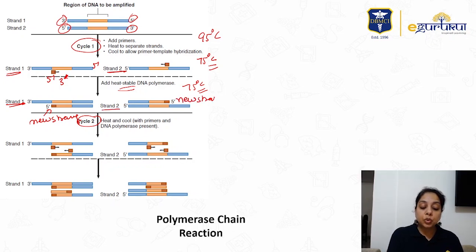So from the 2 strands of a single double-stranded DNA, you got 4 single strands, or you can say you got 2 double strands. And then you repeat the cycle again. So these 4 individual strands after denaturation and elongation become 8, or you can say the 2 duplexes become 4 duplexes.